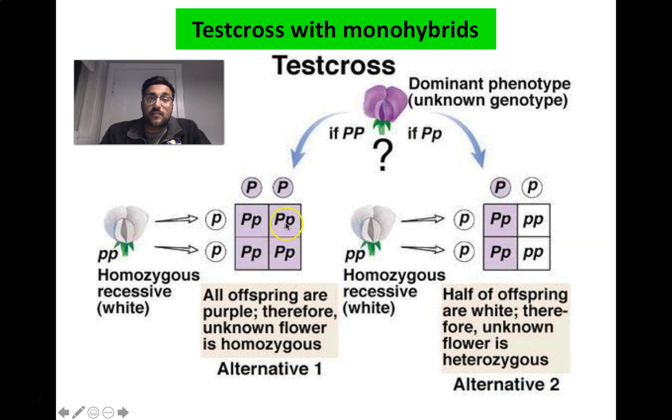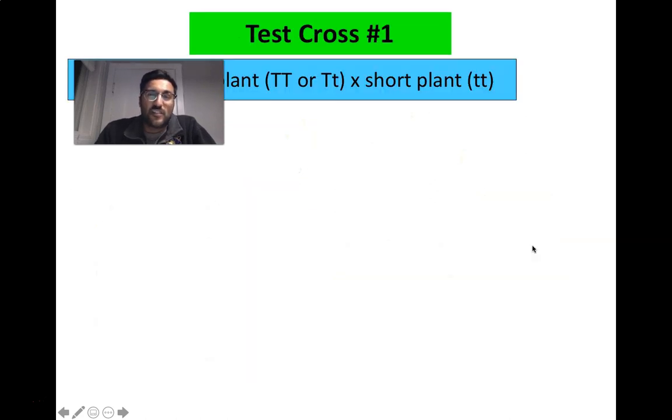If you have a homozygous dominant individual, all of the offspring are going to be the same color. The alternative is if you have a heterozygous individual, only half of them are going to have the same trait, and the other half of them are going to have the opposite trait, or the recessive trait. So let's do an example. It'll make more sense. So two options.